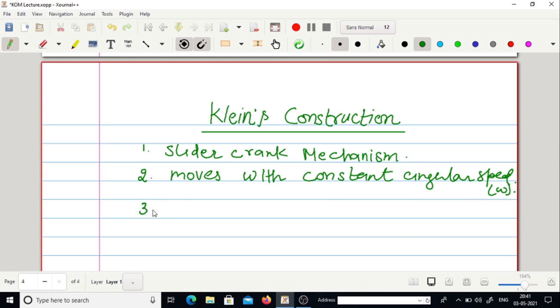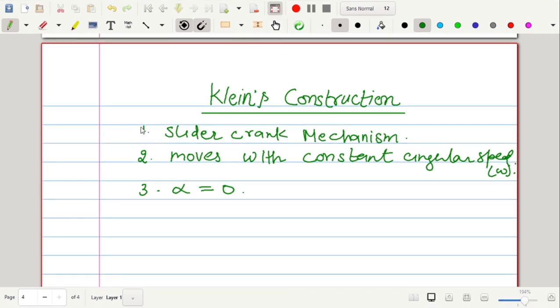And the third point is that it is applicable in case of a slider crank mechanism where the alpha for the crank is given to us as 0. So this type of method can be used to evaluate or to draw the velocity and acceleration diagram for a slider crank mechanism, which moves with constant omega value and alpha is given as 0.